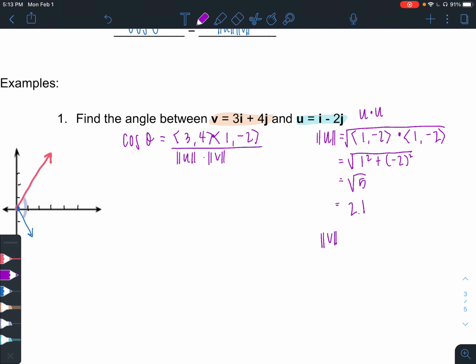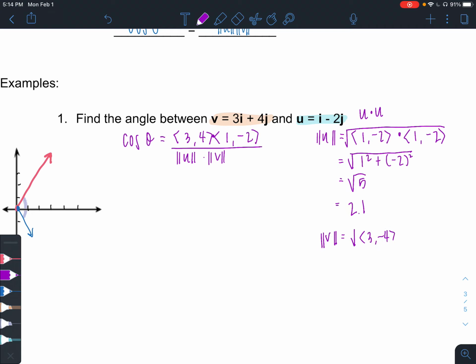Then the magnitude of v is equal to the square root of, actually we found v first, let's go back to u, goodness. No, I did it right the first time. Stop second guessing yourself.